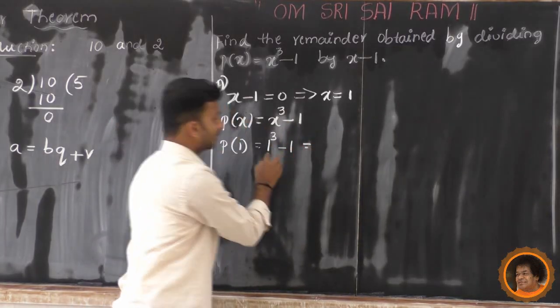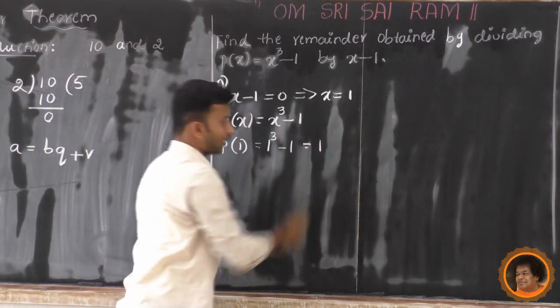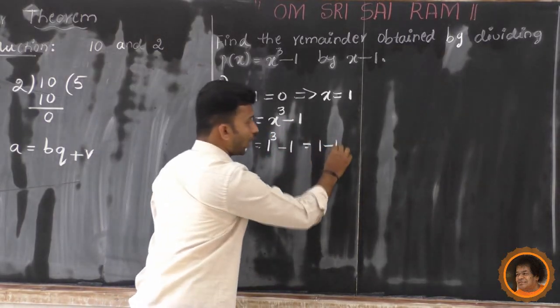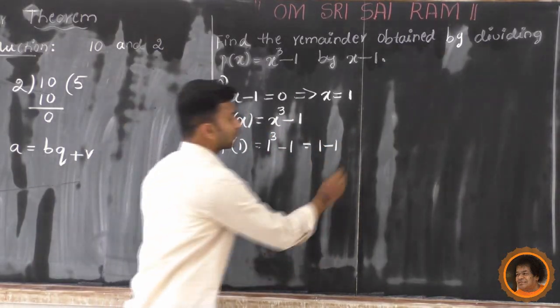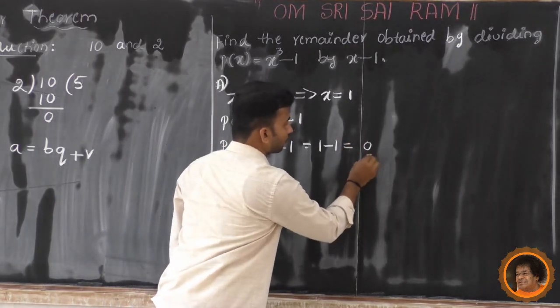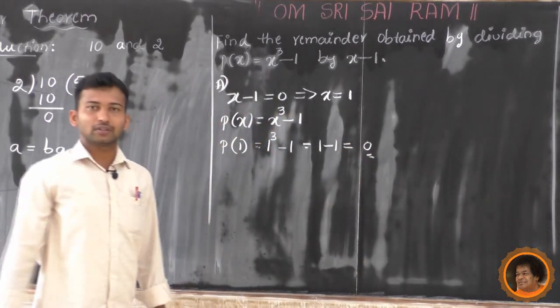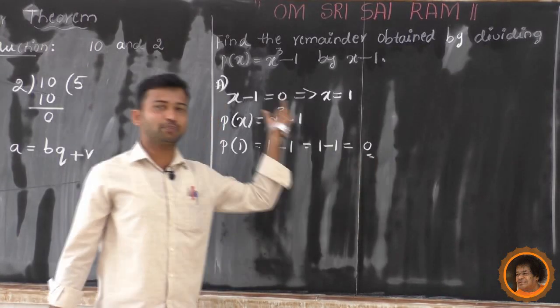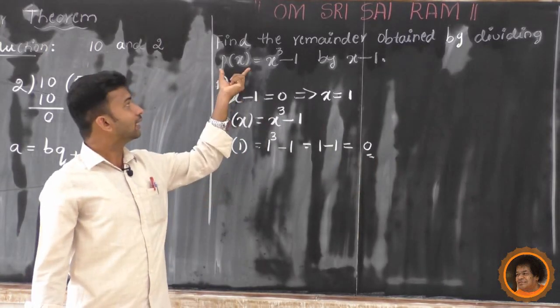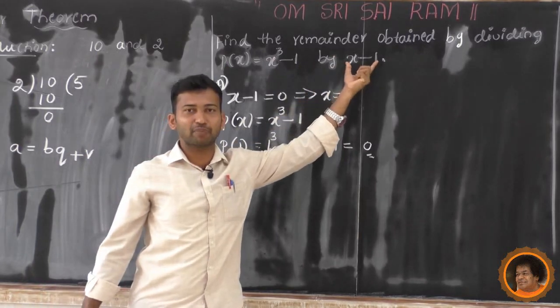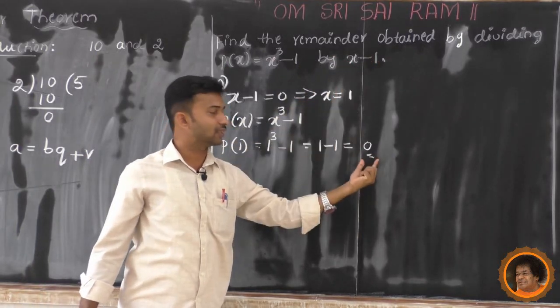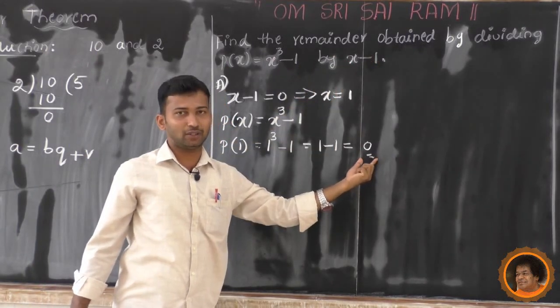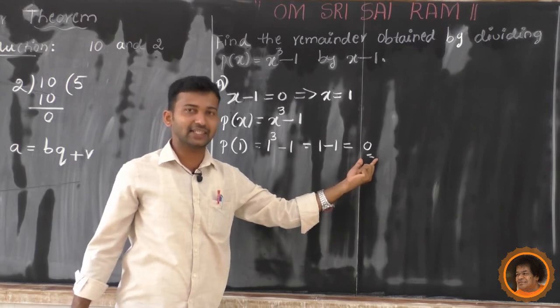By solving, 1 cube is equal to 1, 1 minus 1 is 0. So we can say the remainder of this polynomial divided by x minus 1, we got the answer is 0, as the remainder.